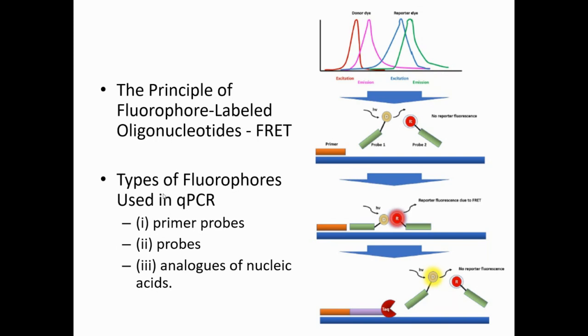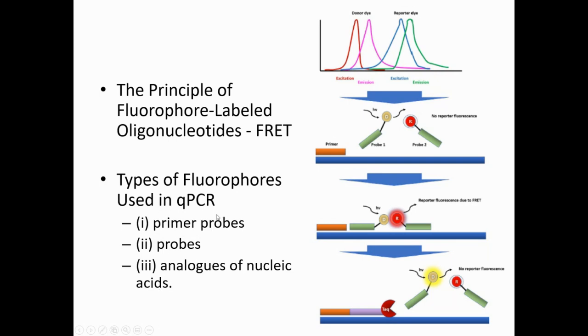So there are two types of the fluoro. One is the donor reporter and also the receptor quencher. And the fluoro used in qPCR can be the primer probe, probes, or the analog of nucleic acid, right?